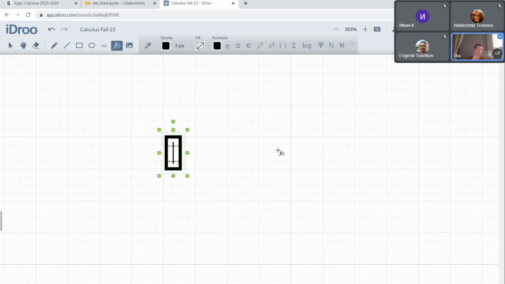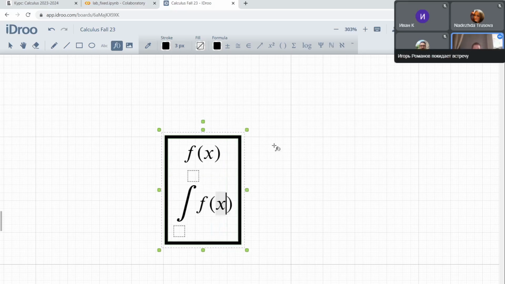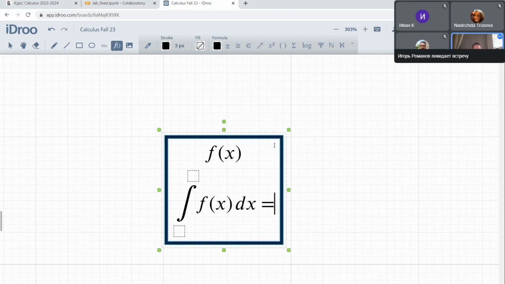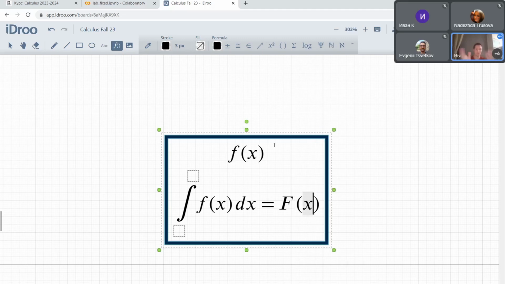What's the difference? The indefinite integral of some function f is a set of functions such that their derivative equals f.